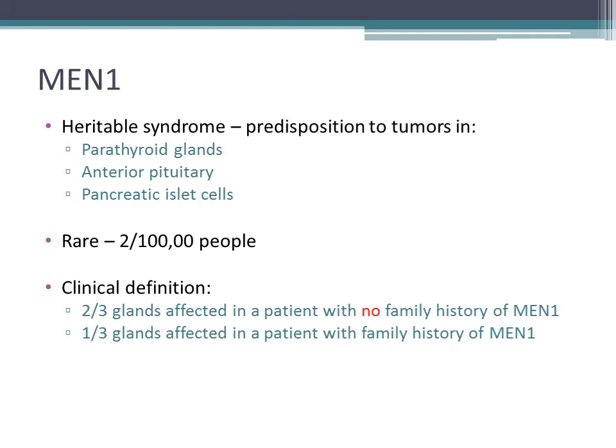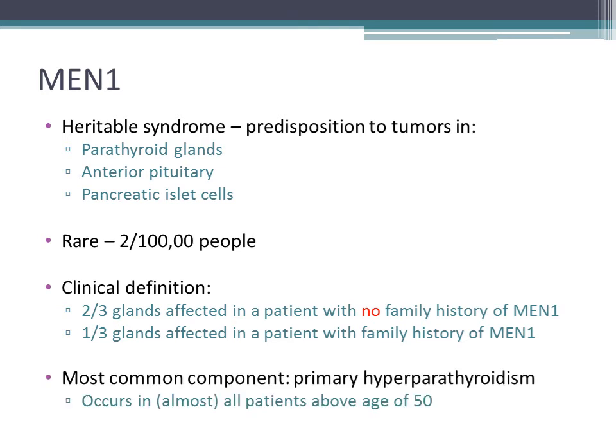For example, if I have a patient who has a brother with MEN1, and that patient presents to me with hyperparathyroidism and hypercalcemia, then I can classify him as a case of MEN1 as well, because he came with 1 gland disorder with family history of MEN1. Most common component is primary hyperparathyroidism, and it occurs in almost all patients beyond the age of 50.